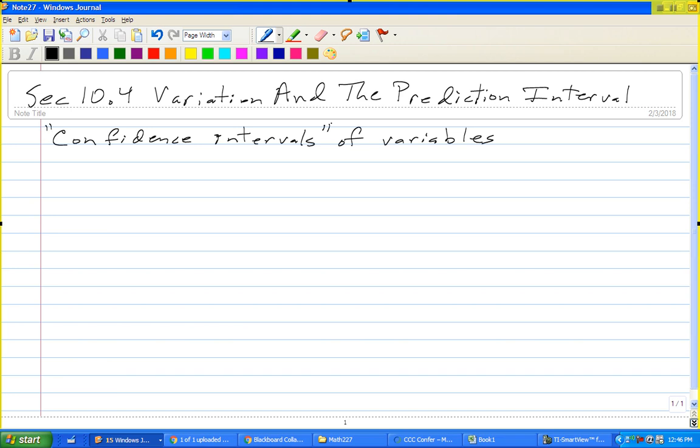So if we do a confidence interval, it really is an estimate.